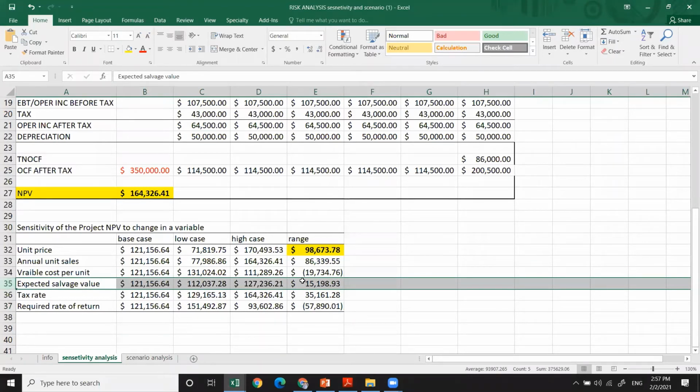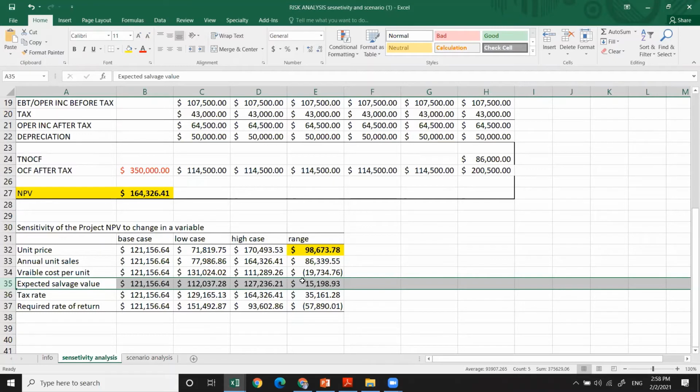If you're the manager and I'm the board of director, and I tell you, look, Evgenia, please work on the expected salvage value in order to increase NPV, what would your answer be to me? If we work on it, the change in NPV would be insufficient. Yes, so what would you suggest then?